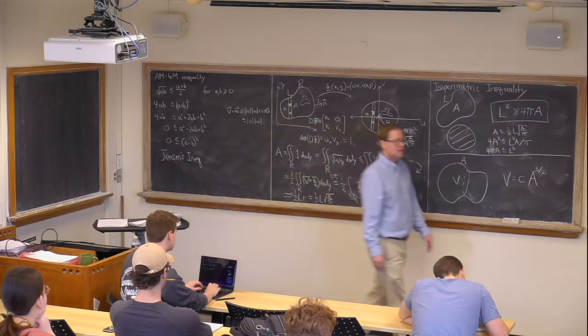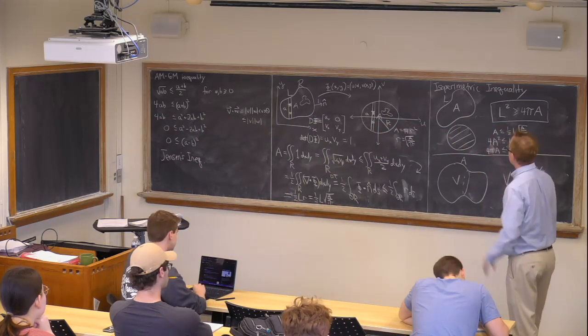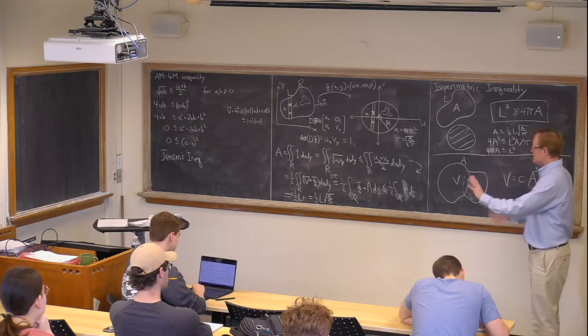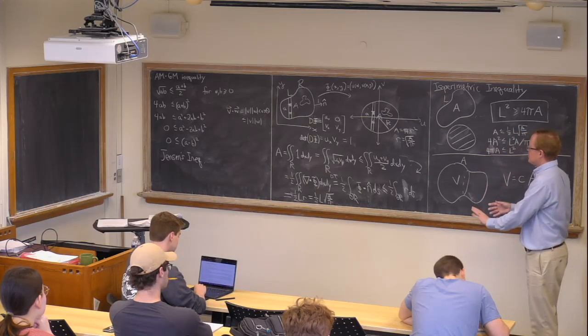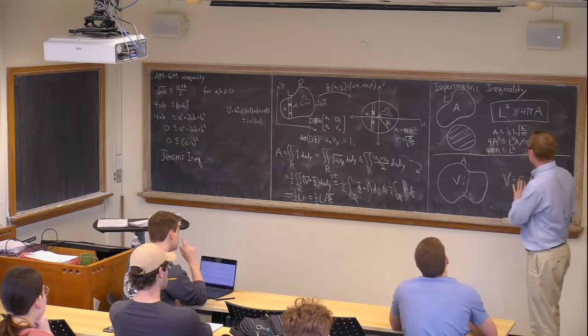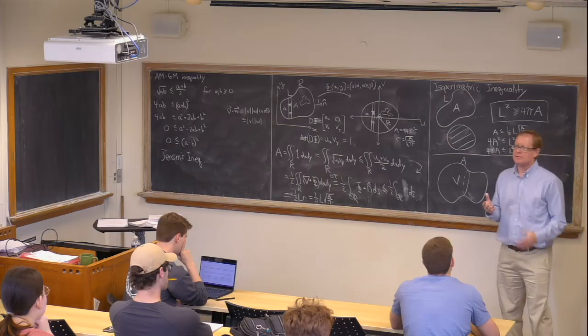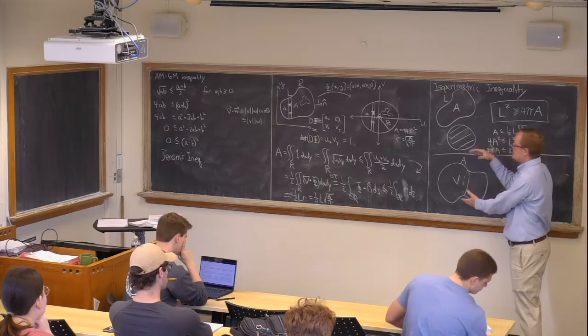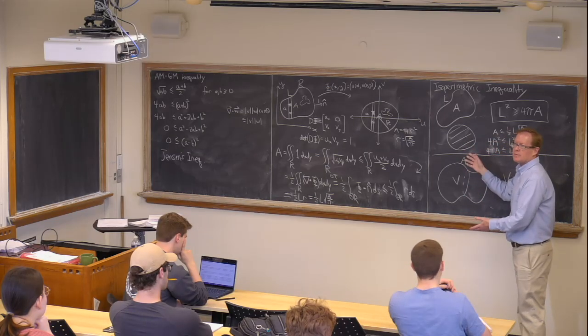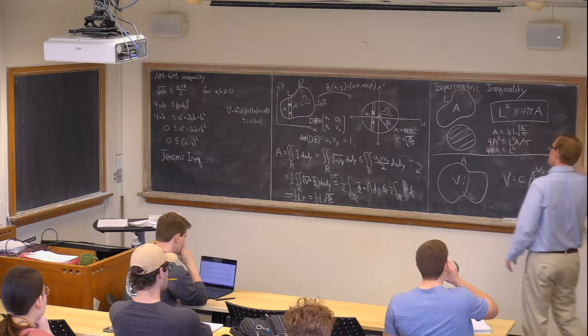You assume that there is an optimal configuration, and the book I think does this kind of proof. The book has a proof of the isoperimetric inequality in there somewhere, but what they don't tell you is that they're assuming something big, which is that there is an optimal configuration. And proving that's actually quite difficult.